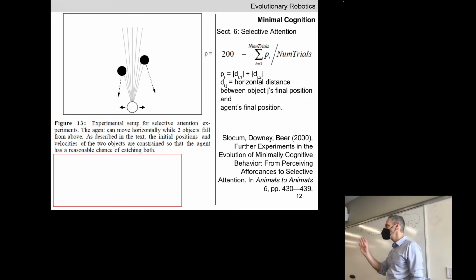Very difficult to stay focused on something of interest or importance to you, and to choose what that thing should be given what's currently going on. How do animals, and how might we evolve robots to selectively attend to certain stimuli in their environment that are important at that place at that time?